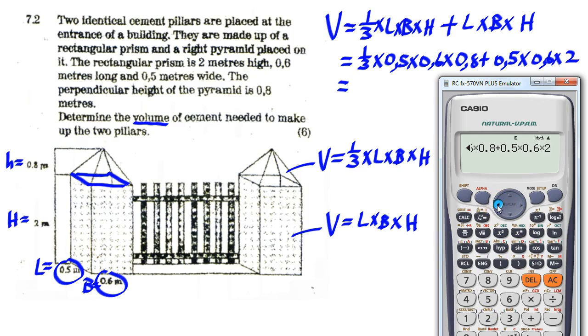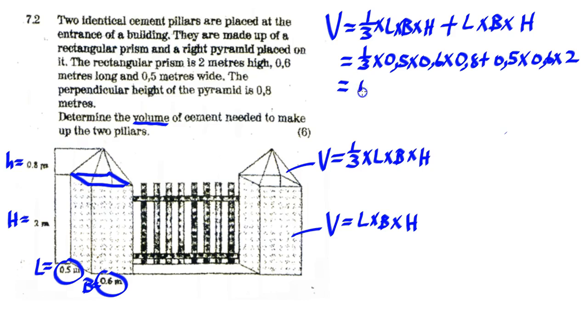Let's double check. So we got 1/3 times 0.5 times 0.6 times 0.8, length times breadth times perpendicular height of the pyramid, plus 0.5 times 0.6, length times breadth, times height of our rectangular prism, times 2 meters, and that now is equal to 17/25, which is 0,68. So that's 0,68 cubic meters for 1.